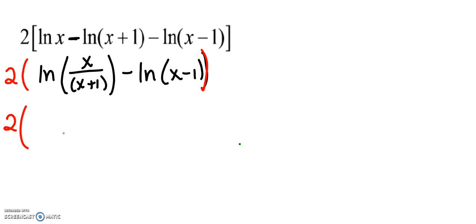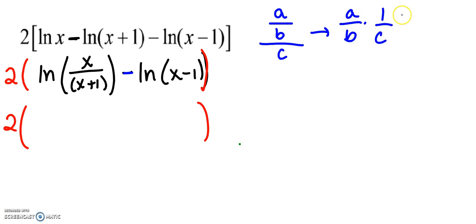Okay, so this 2 is still just hanging out. Now I have division again. Well, if I have a fraction being divided by something, that's the same thing as that fraction being multiplied by the reciprocal. So really I just get a over b times c.